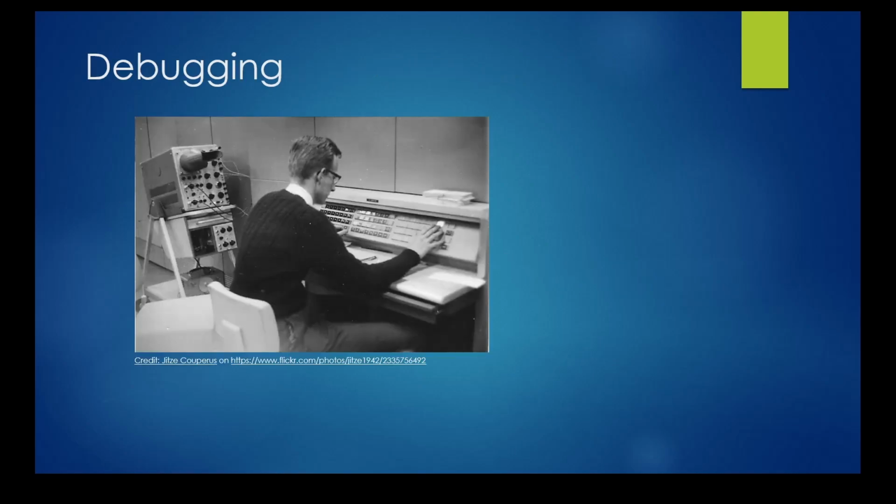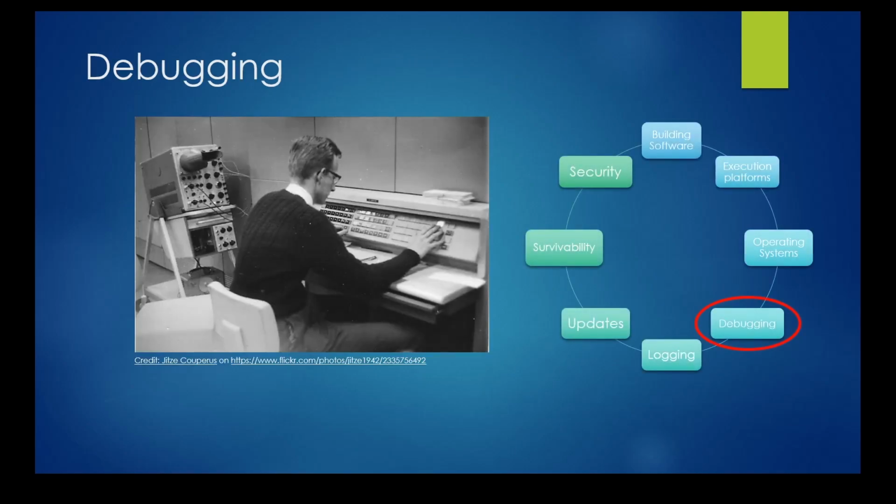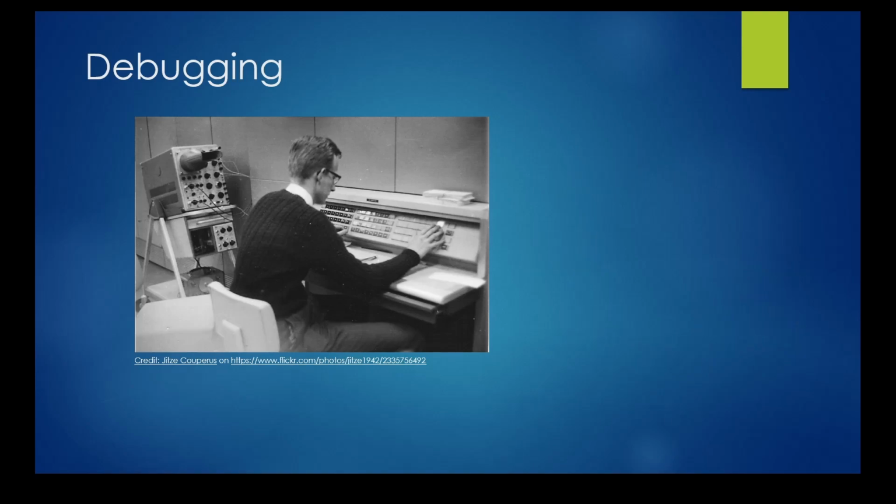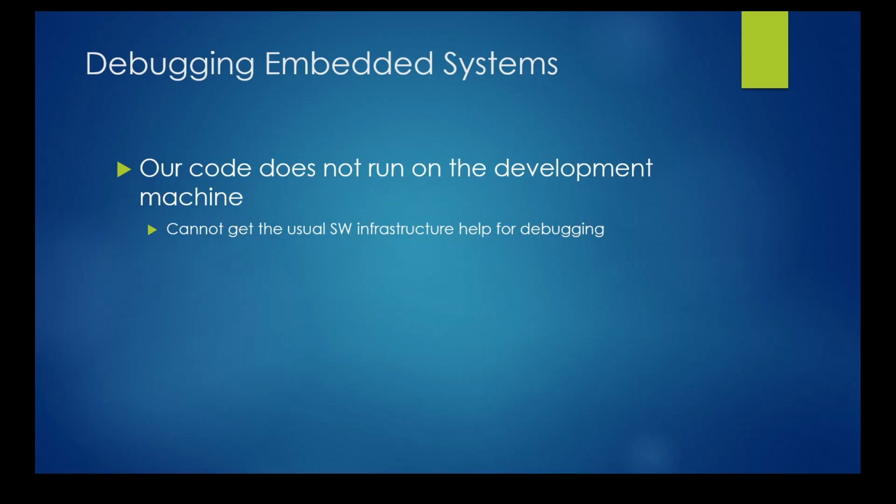As one can already guess, debugging embedded systems also entails special challenges. Let's look at some of those now. We build our code on a development machine and we run it on a development board. Unlike the big OS we have on the desktop machine and other software infrastructures we have for debugging, on the dev board we only have the minimal code we need for execution.